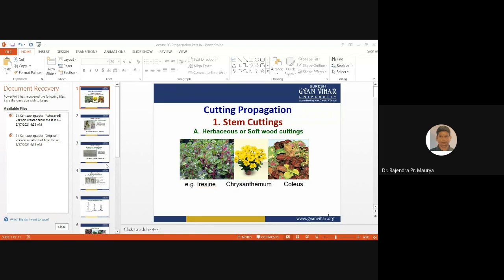In some plants, we have to dig out the roots, and by preparing the cuttings from these roots, we have to maintain the length around 2.5 centimeter to 15 centimeter, and these cuttings must contain buds, because buds are very important for sprouting to develop the shoot portion, and the lower buds are also helpful to develop the root systems.